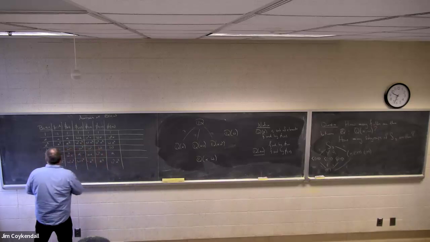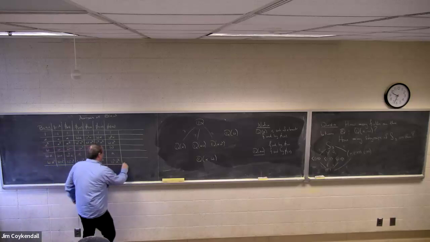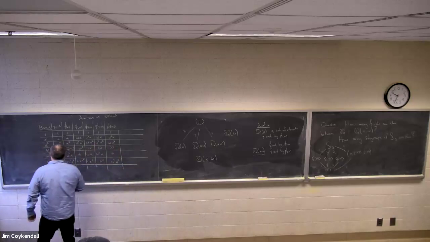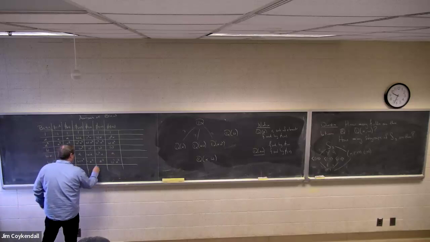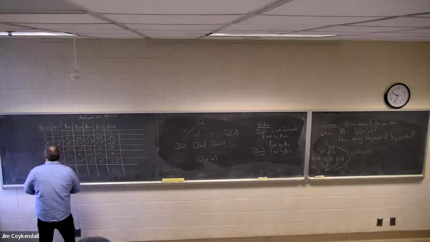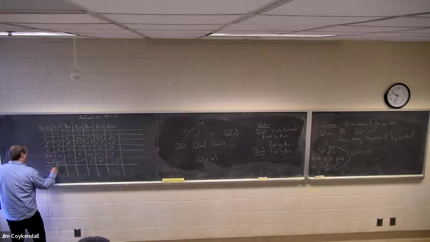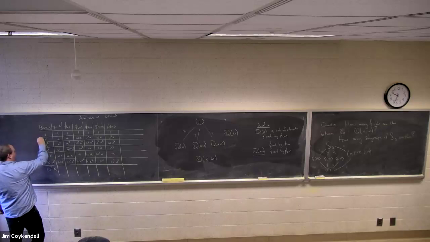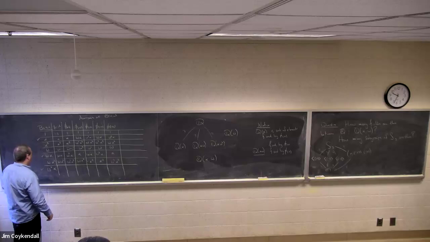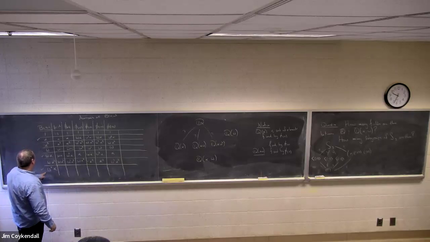Let me add one more row to this because I am curious about the three roots. Let's look at omega squared alpha. The other roots here are omega alpha and omega squared alpha. Where does omega squared alpha go? Well, alpha goes to alpha.